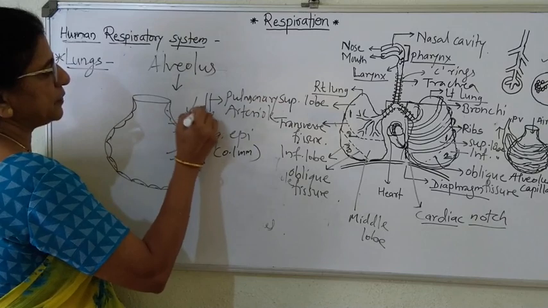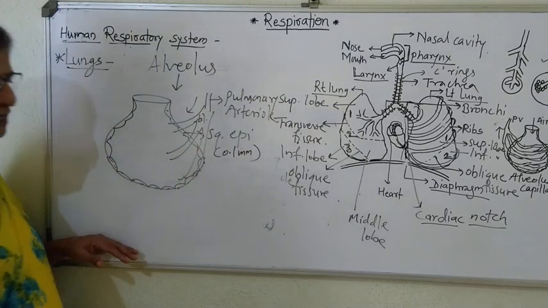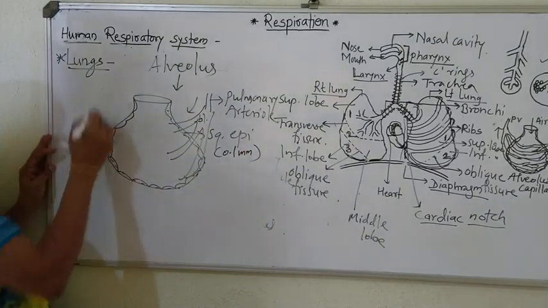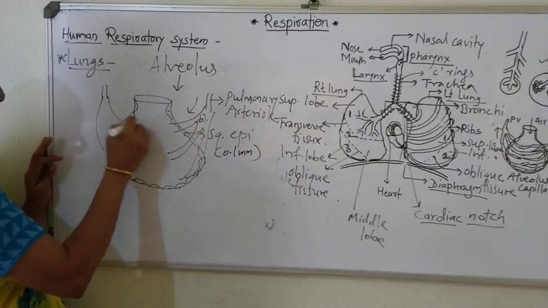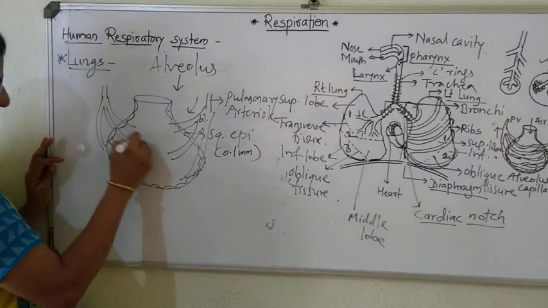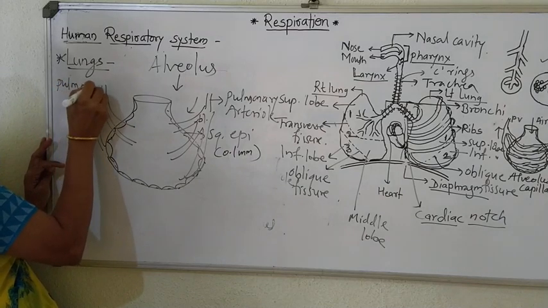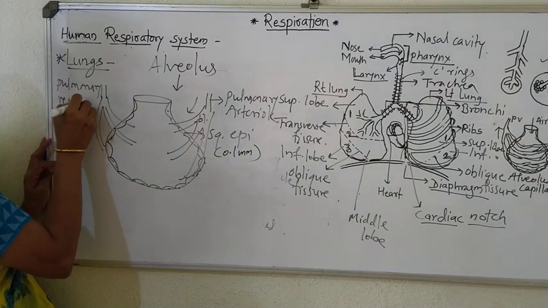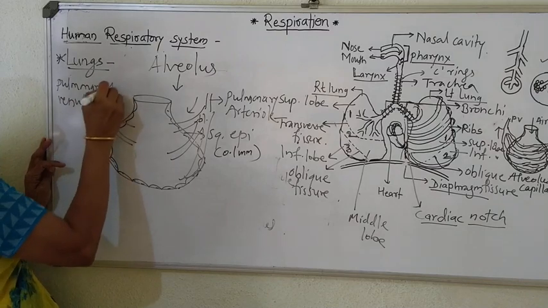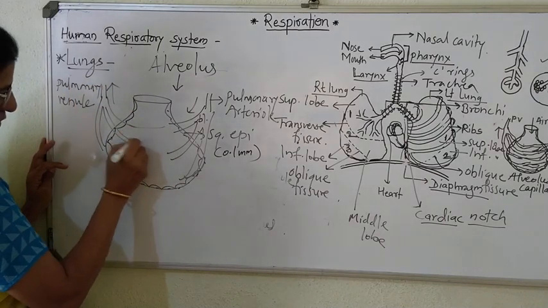which brings blood around this alveolus, and this one is another, a pulmonary venule, which carries blood away from the alveolus.